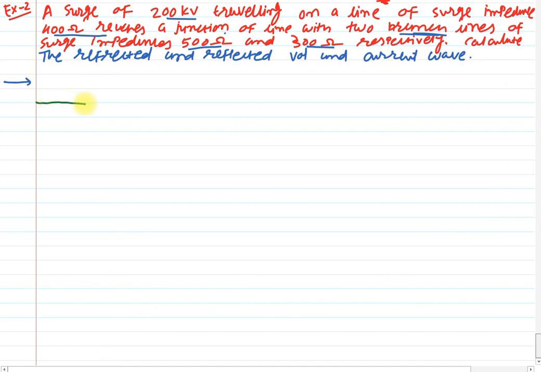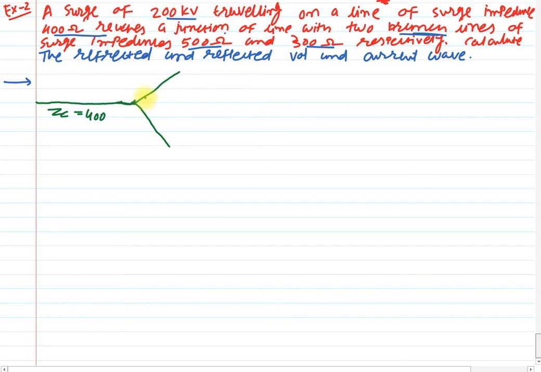So first let us understand graphically what they want to ask. So one transmission line having a surge impedance of ZC, which is equal to 400 ohm. Now at a junction of the line with two branches, so it is the concept of forked line.